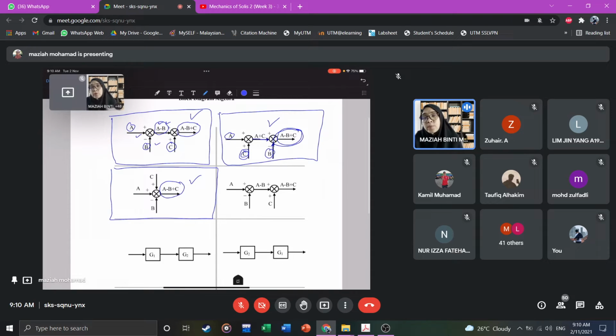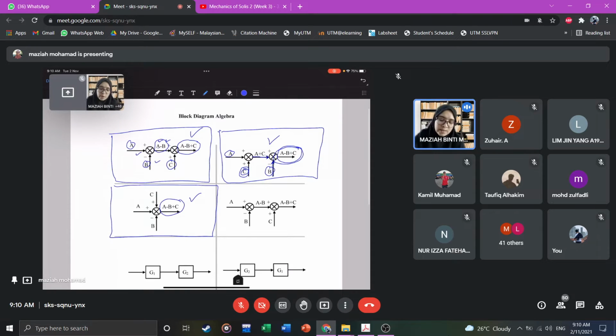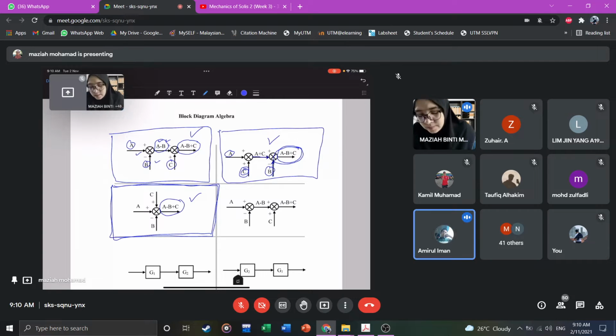Okay, so when you draw a block diagram, it is not necessarily to draw just this one, three variables with three arrows. You can separate into multiple summation points.